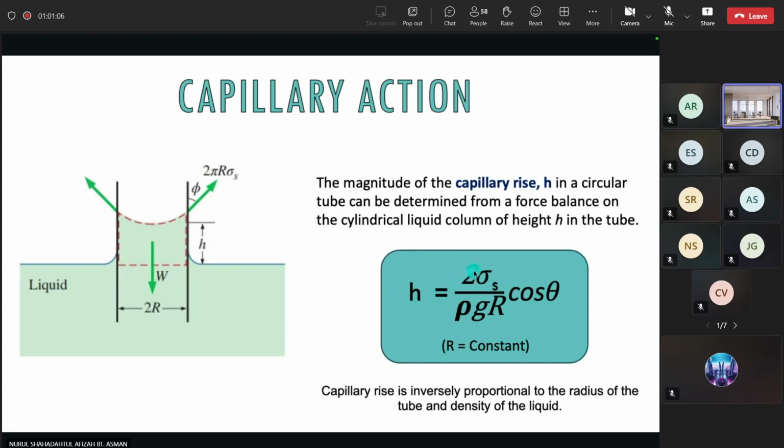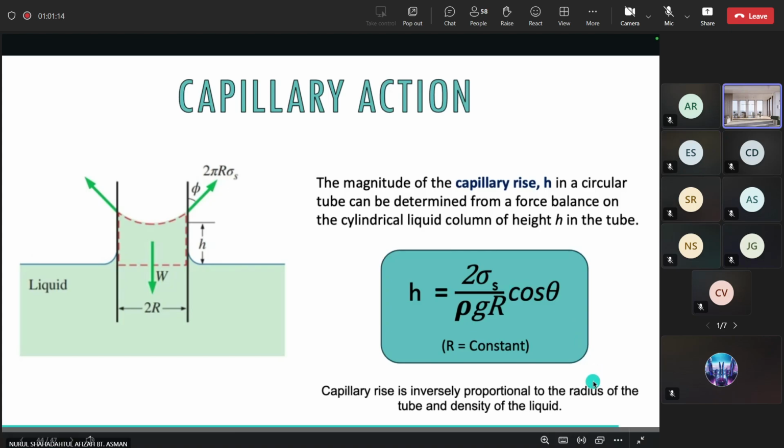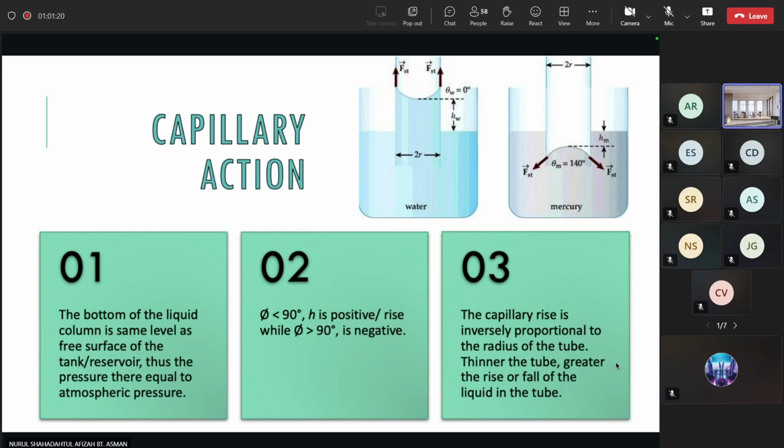So this is the equation. The capillary rise is inversely proportional to the radius of the tube and density of the liquid. So there are three cases of capillary action. First, when the bottom of the liquid column is at the same level as the free surface of the tank or reservoir, the pressure there equals the atmospheric pressure. Second, when the angle of contact is less than 90, h is positive, which means there is a rise.